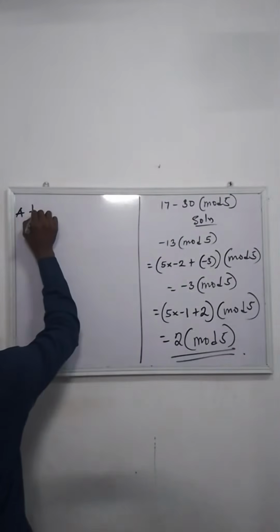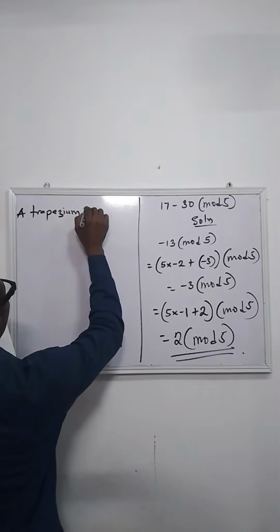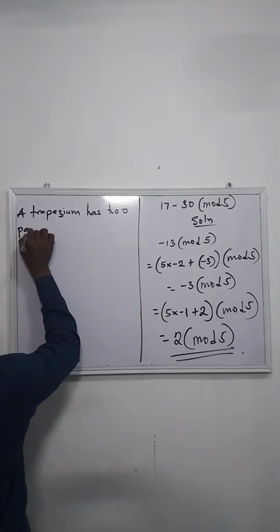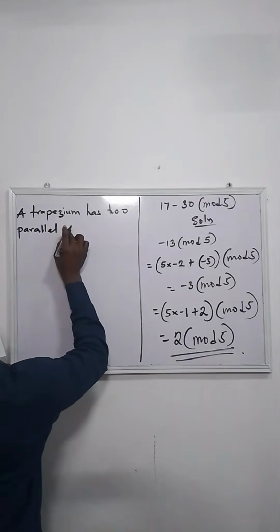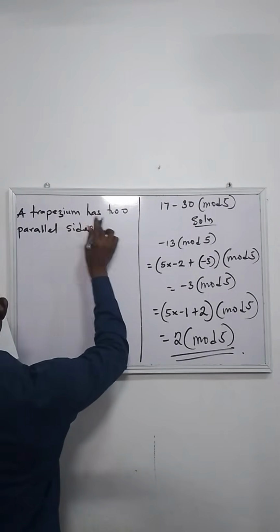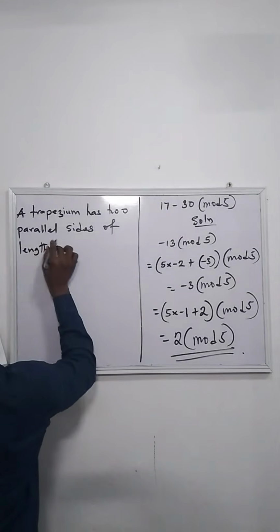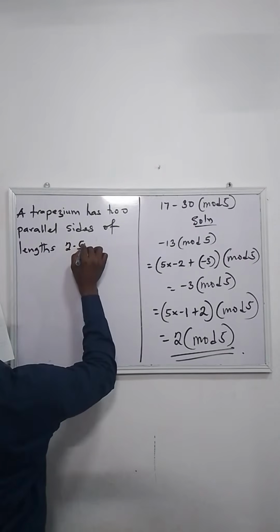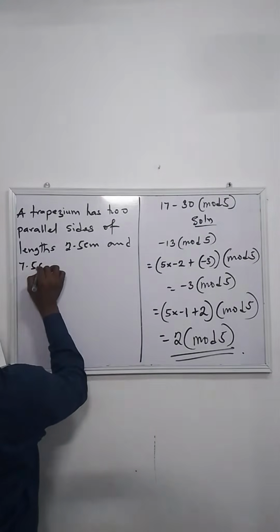Now, a trapezium has 2 parallel sides of length 2.5 centimeter and 7.5 centimeter.